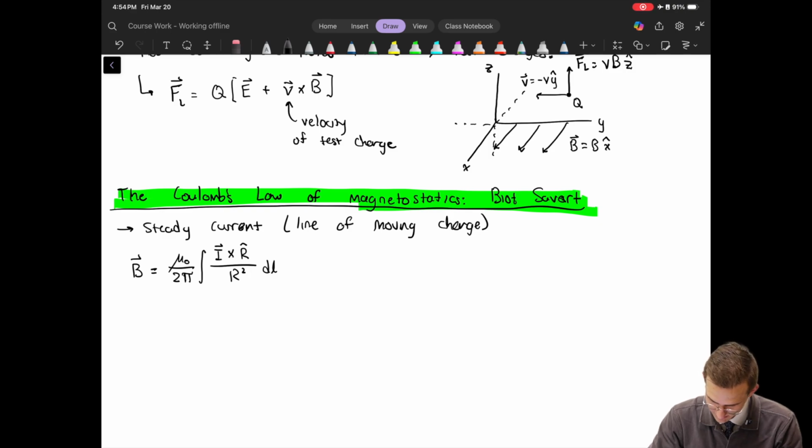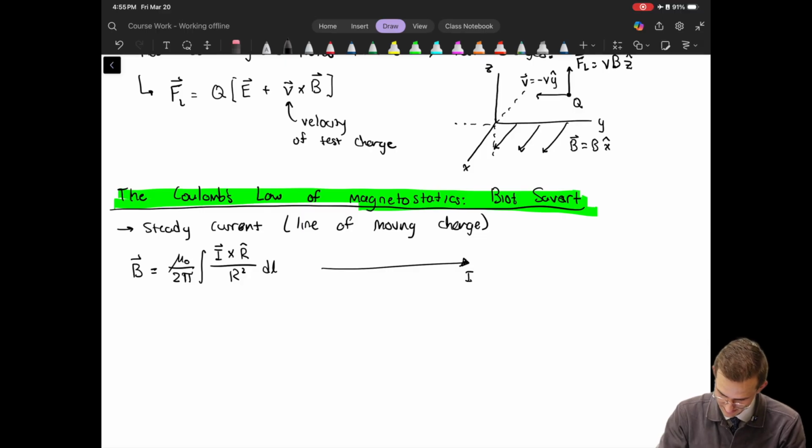So if you have this current I going like this, what does the B field look like that gets produced by that? Well, let's say that you're trying to figure out what you're feeling here due to this little dl element of I.